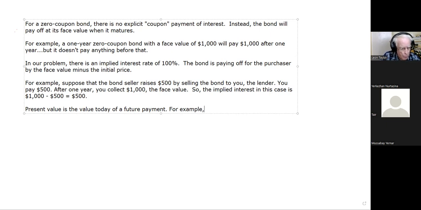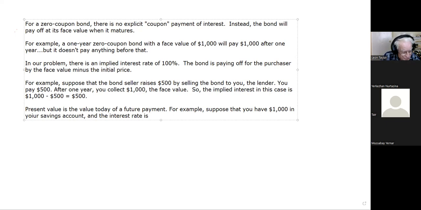So, for example, suppose you have $1,000 in your savings account, and the interest rate is 10%, or expressed as a fraction, 0.1.